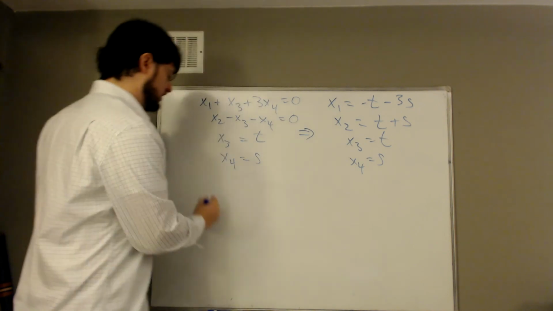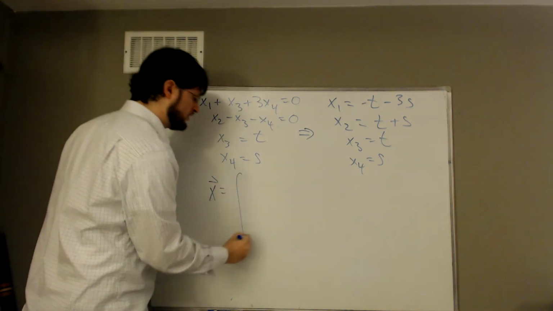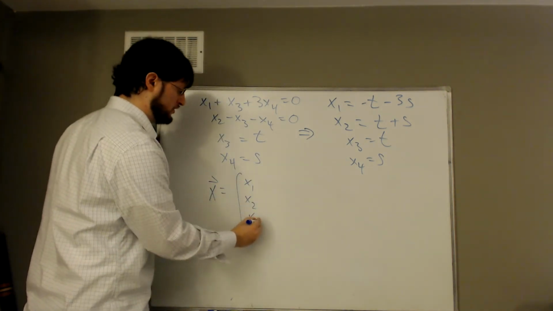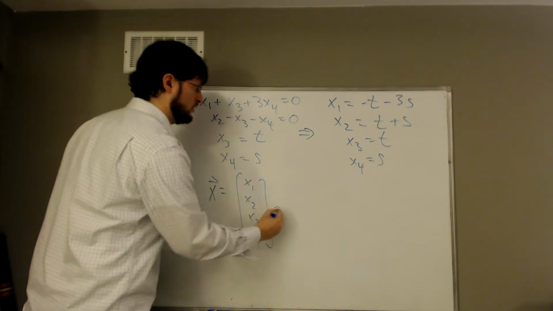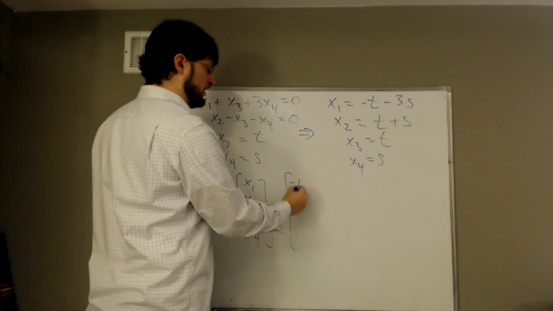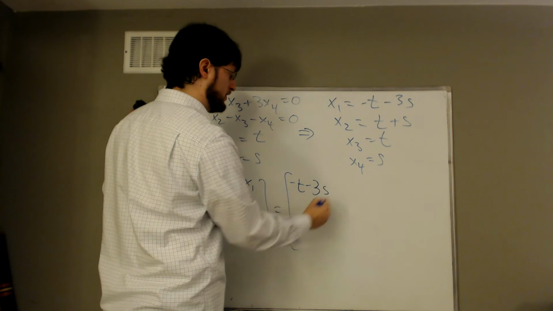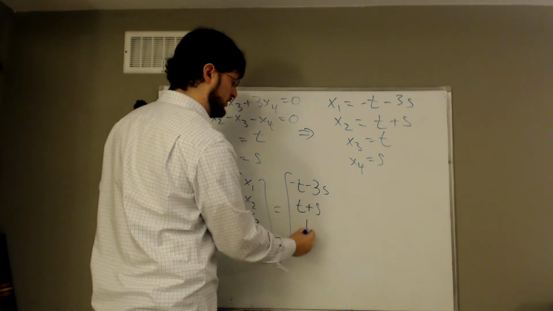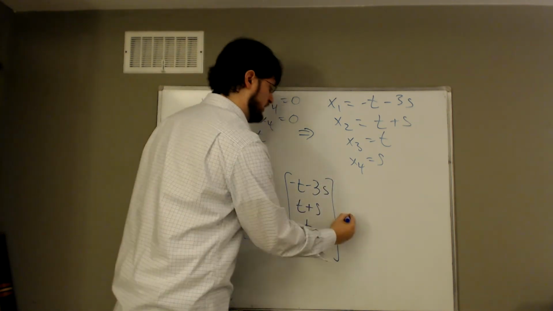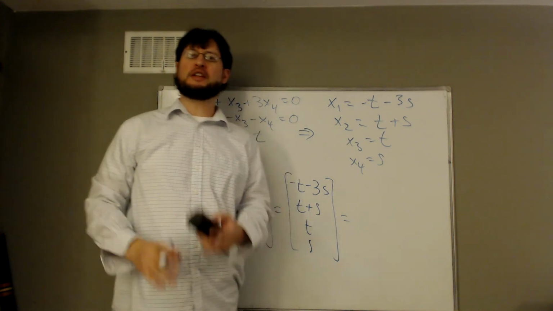Which means my solution is the vector x, x1, x2, x3, x4, which is negative t minus 3s, t plus s, t, s, which then we break up into each parameter.